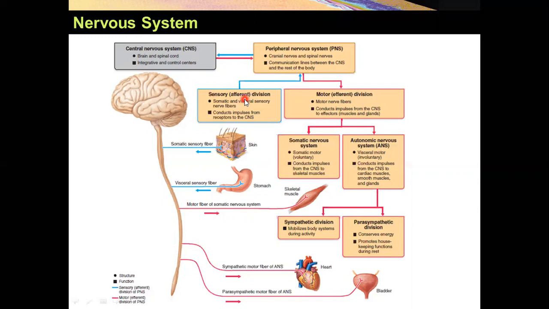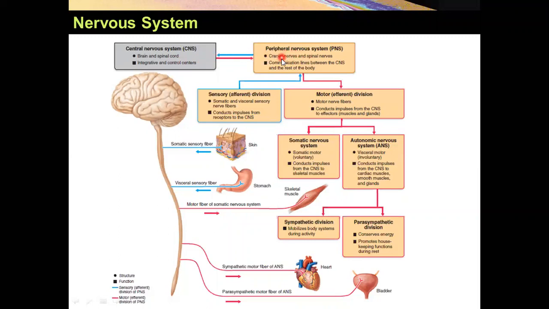In vertebrates, the nervous system consists of two main parts, the central nervous system and the peripheral nervous system. The central nervous system consists of the brain and spinal cord, and it is the main integrative and control center in the body.